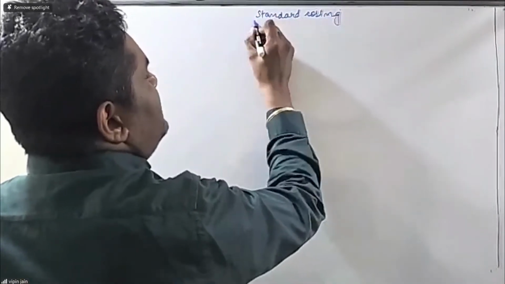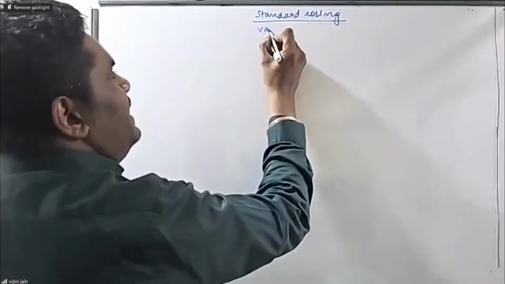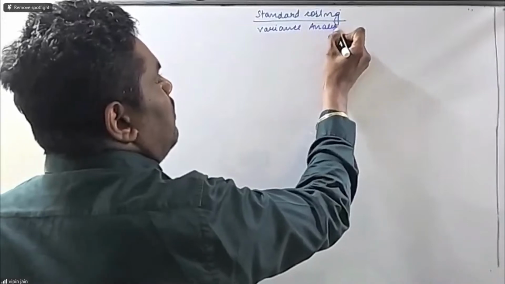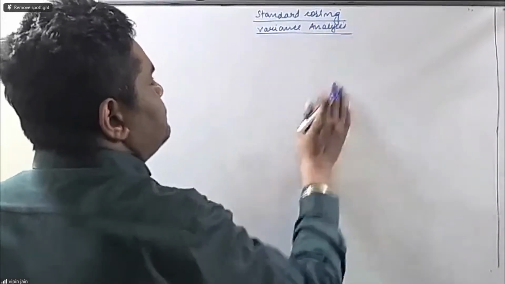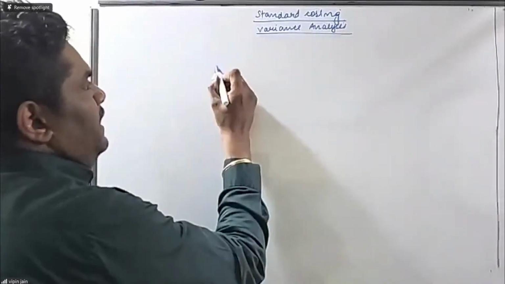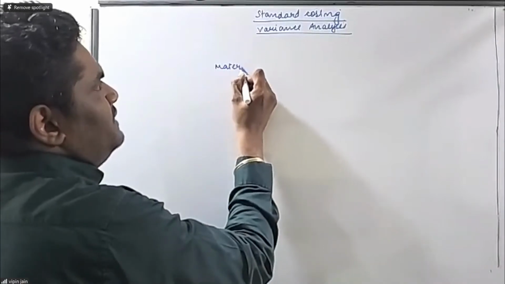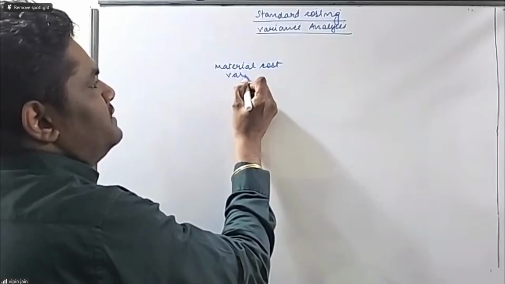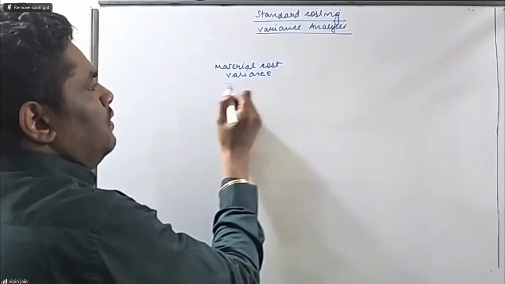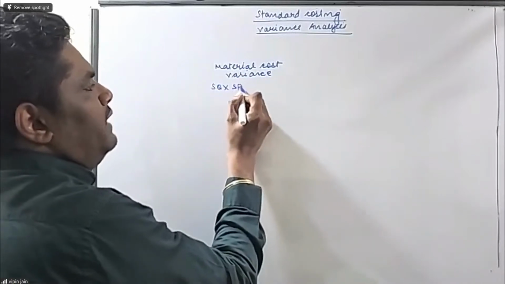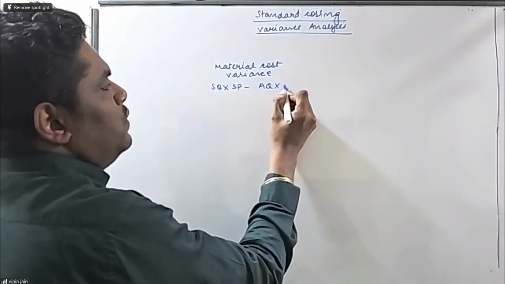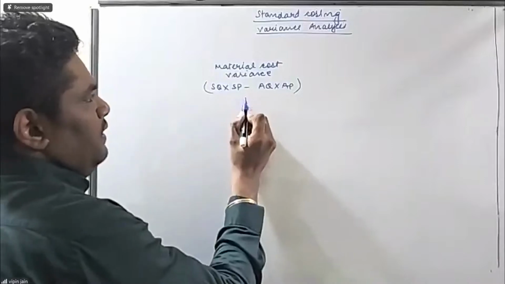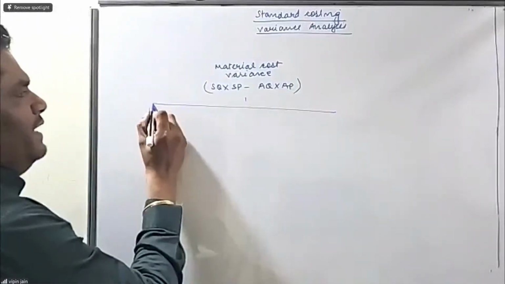So we started with this chapter, standard costing or variance analysis, wherein we started with material variances. In this, we first calculated material cost variance, that is standard quantity into standard price minus actual quantity into actual price. Thereafter, two parts of cost variance.